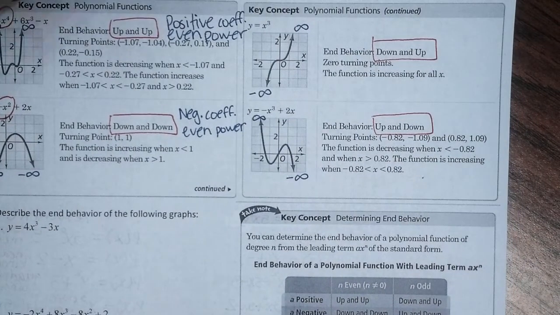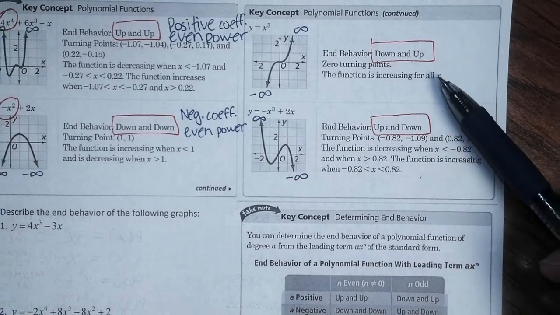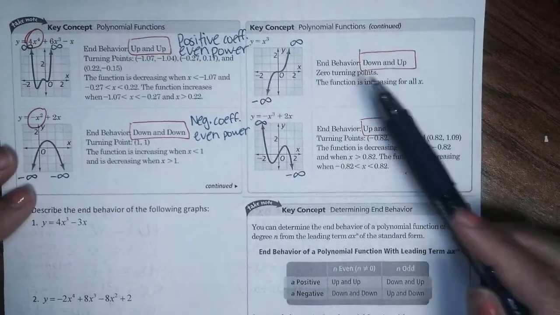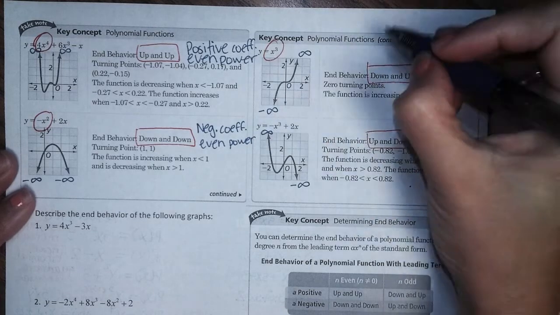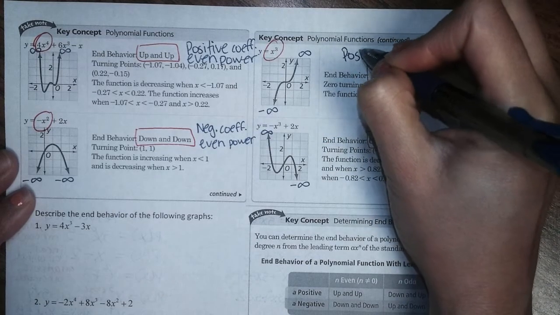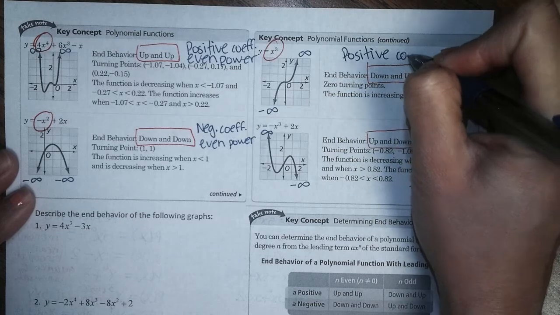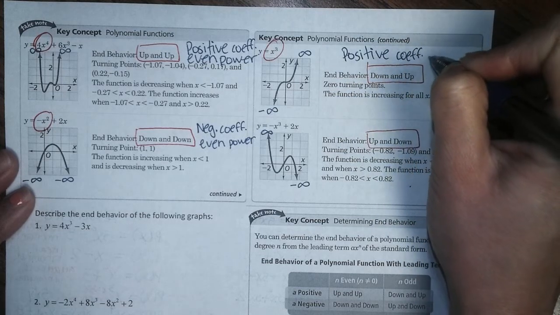Okay, so the other two are called down, up and up, down. So let's look at down, up. You look at your leading term, there's only one, which is the x cubed. That is a positive coefficient with an odd power.